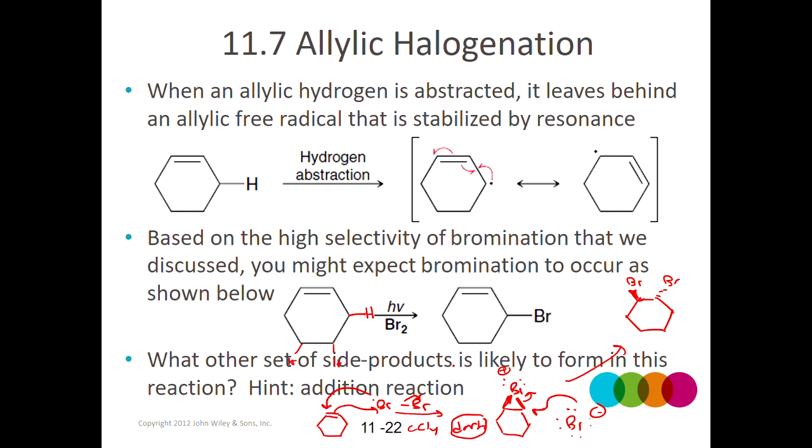But if your goal is to do a substitution for a hydrogen rather than an addition across a pi bond, you want to use light, because the light or heat will break up the bromine to form free radicals, and you'll do this free radical reaction that we just talked about. The problem is, even when you use light, it doesn't instantly break up all the bromine molecules.